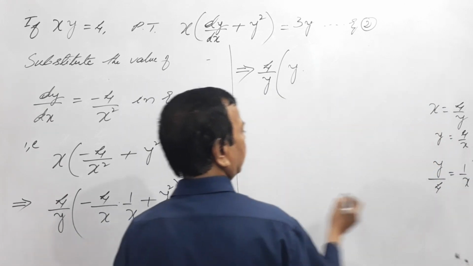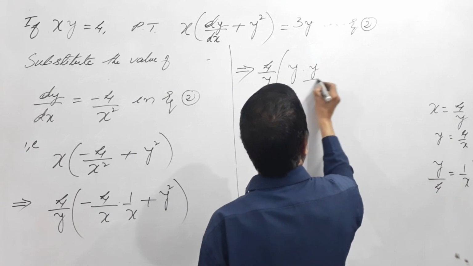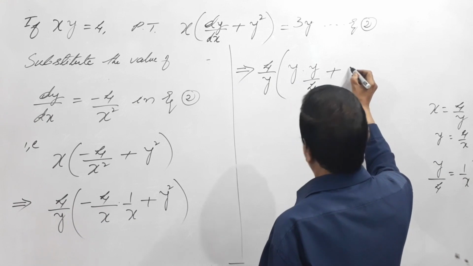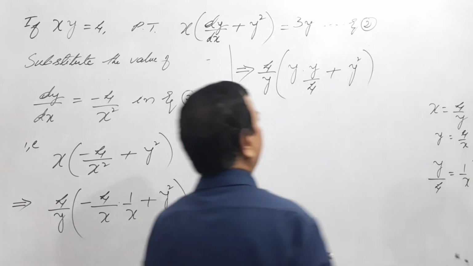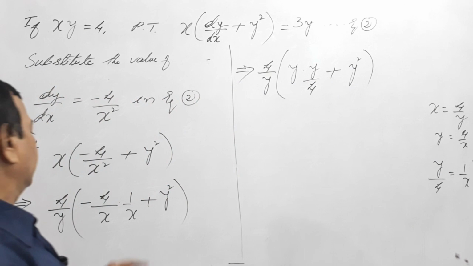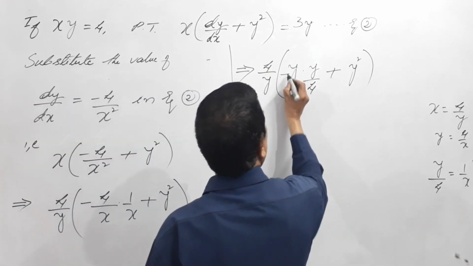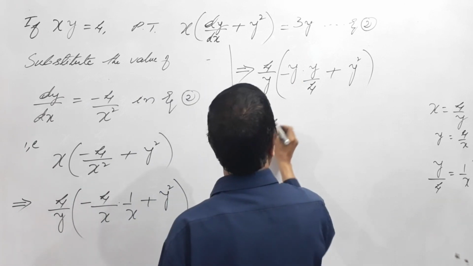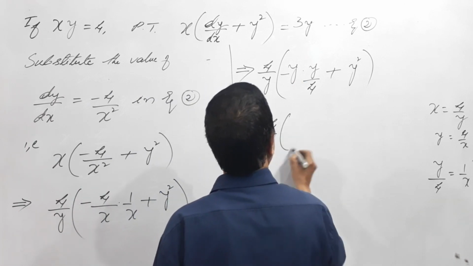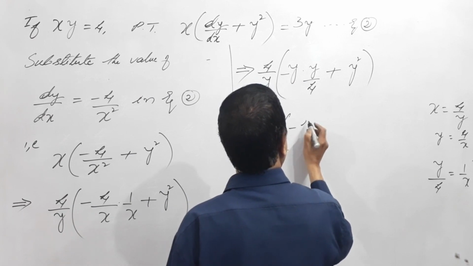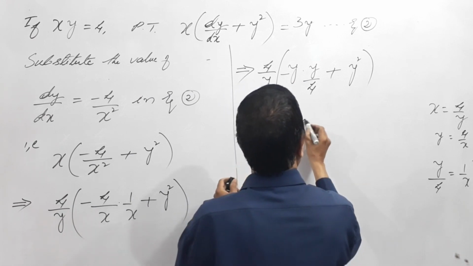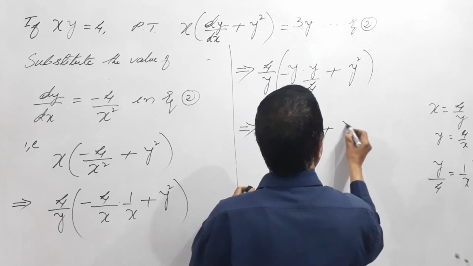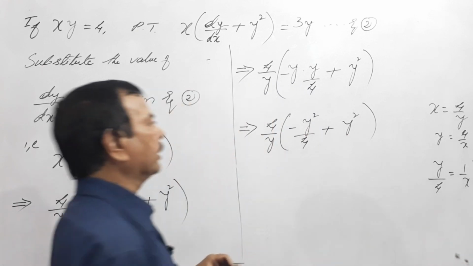So this becomes y by 4 plus y square, correct? So minus sign is there, put minus sign here. So that is equals to 4 by y, this becomes minus y square by 4 plus y square, correct?